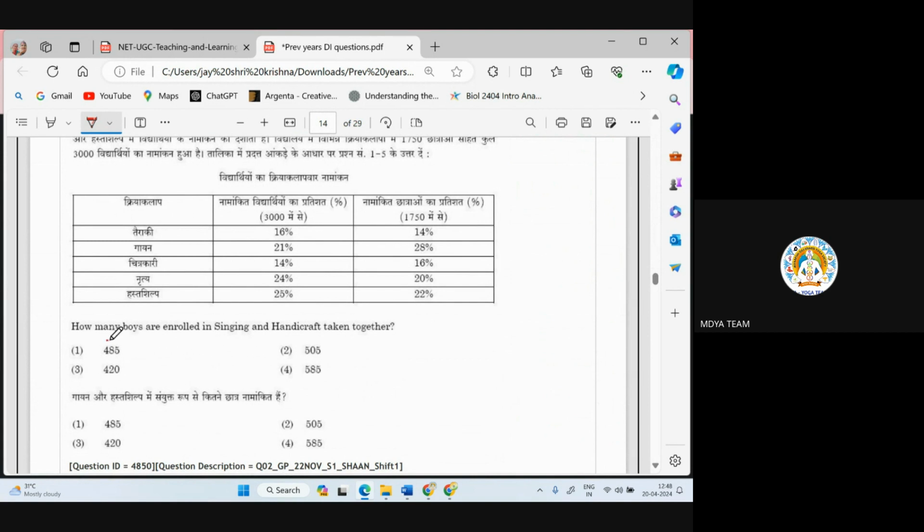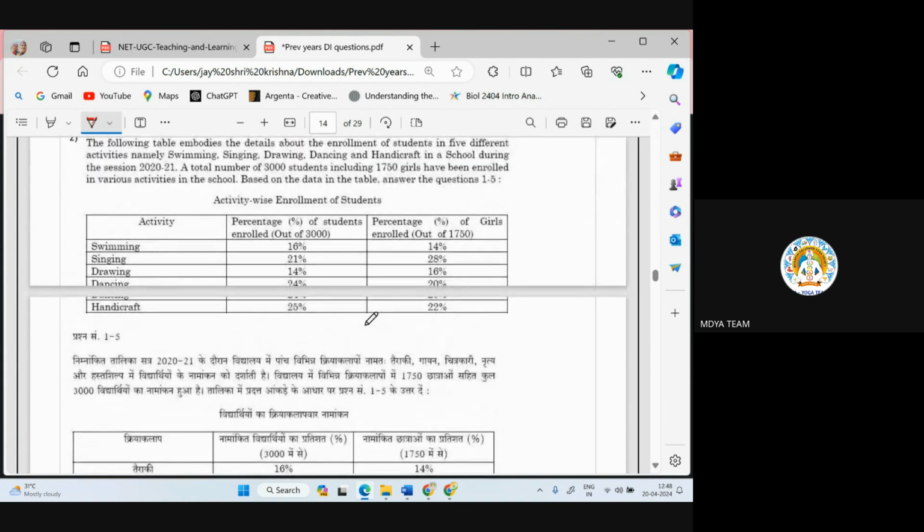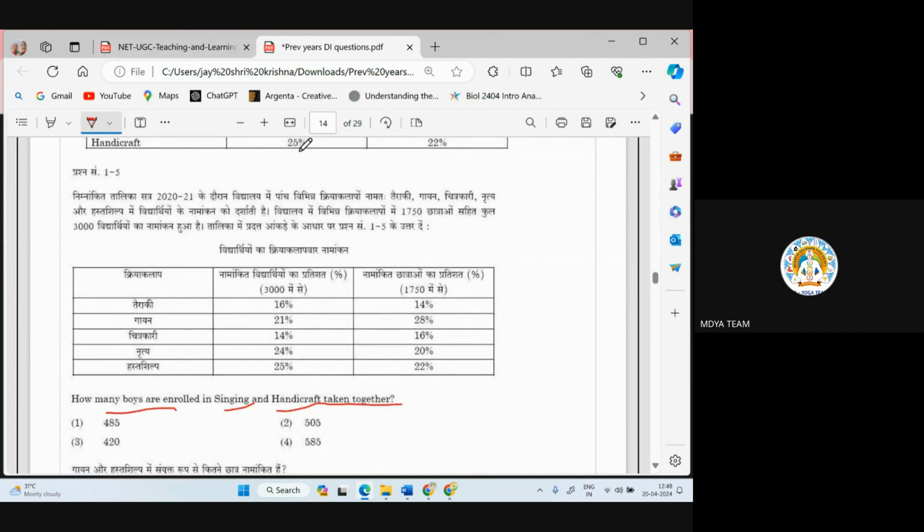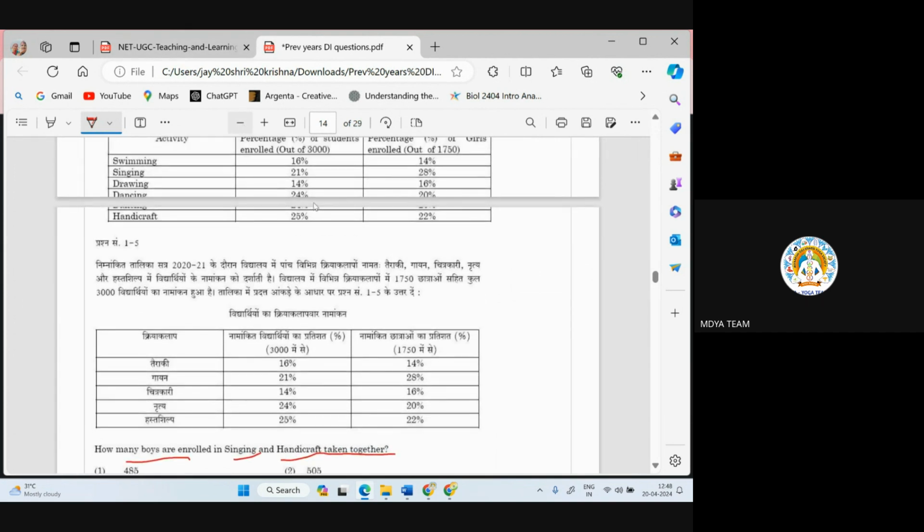How many boys are enrolled in singing and handicraft taken together? First you have to calculate the total number of boys in singing. From here you can calculate the total number of students in singing and the total number of girls in singing. Then subtract the number of girls from the number of students in singing, and you will get the number of boys in singing.